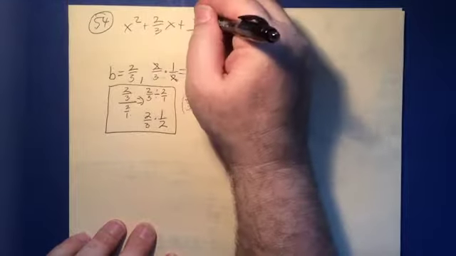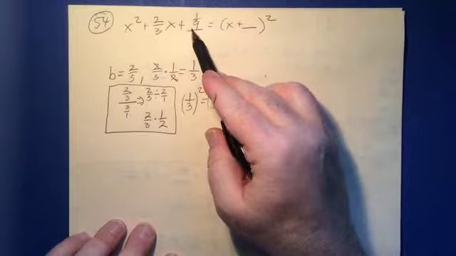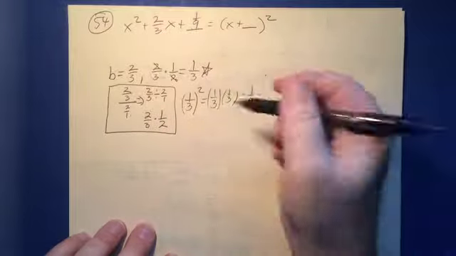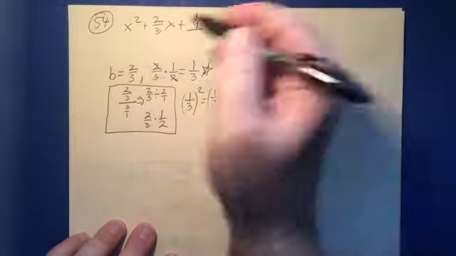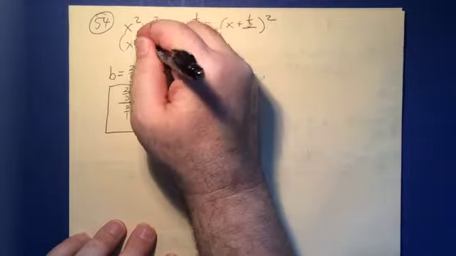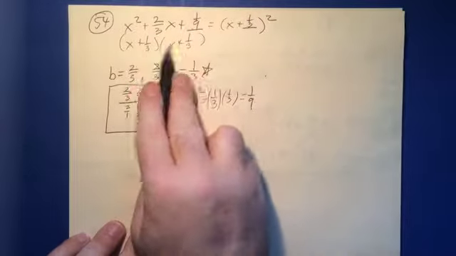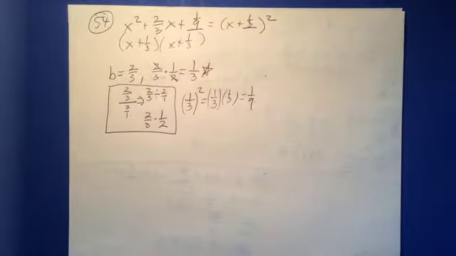So 1/9 is the number that's going to go here. What number times itself gives me 1/9? It's going to be 1/3. So when I factor this, it gives me x plus 1/3 times x plus 1/3. Because I have the same thing, I can write this as x plus 1/3 squared.